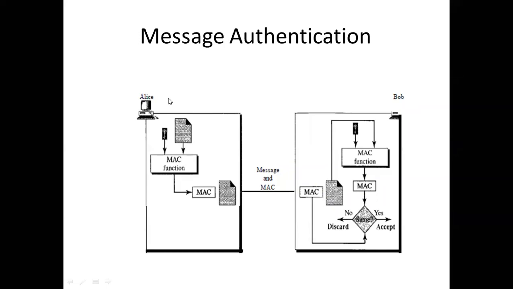So to be sure, message authentication happens. This is similar to message integrity. Instead of a hash function, we make use of a MAC function. Now what is MAC? Message authentication code, which is similar to a hash function. We apply an algorithm, and along with that, we apply the key.